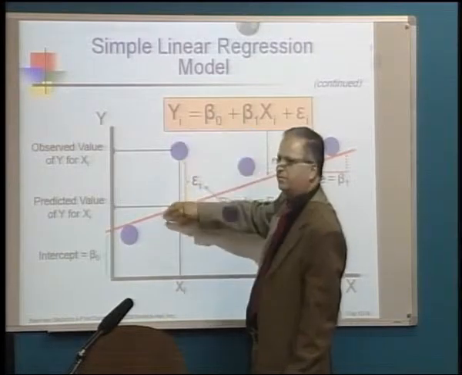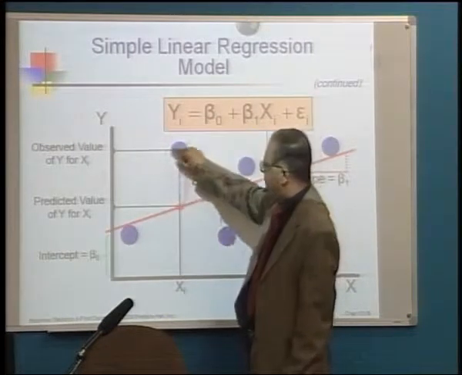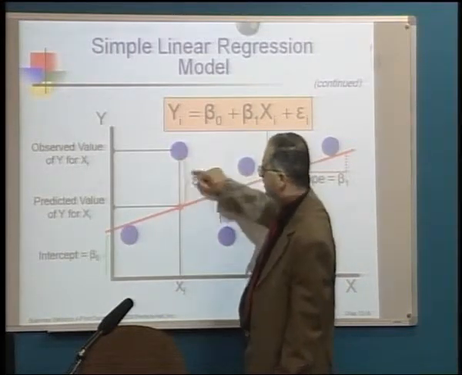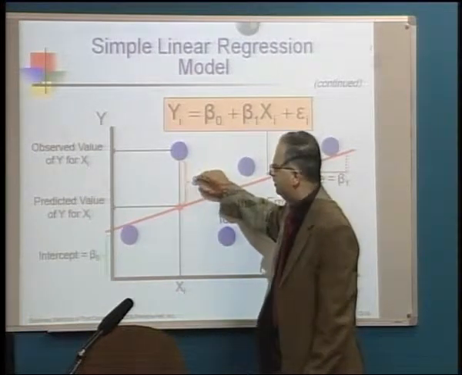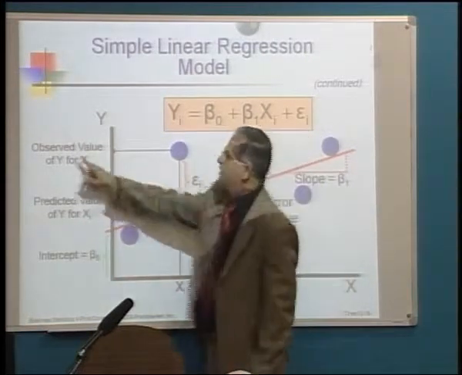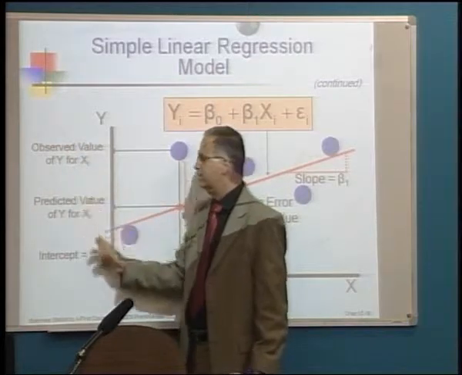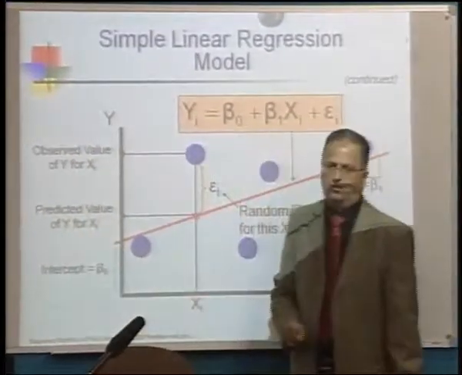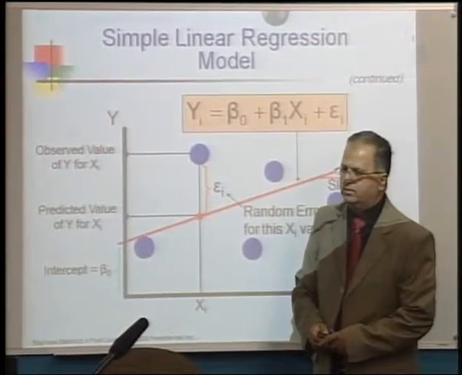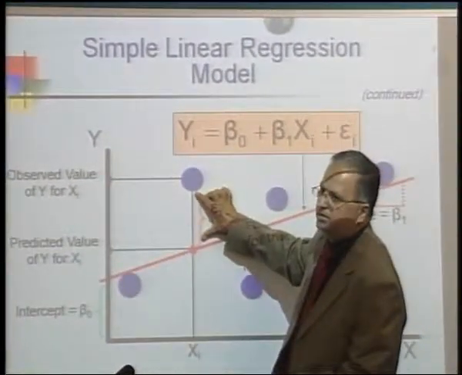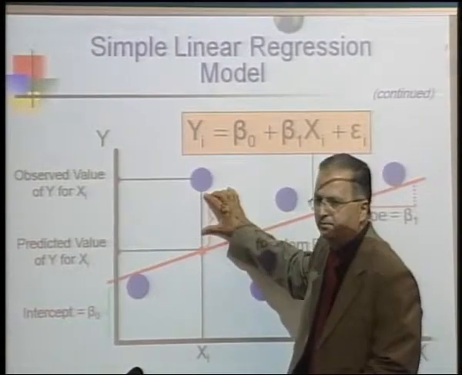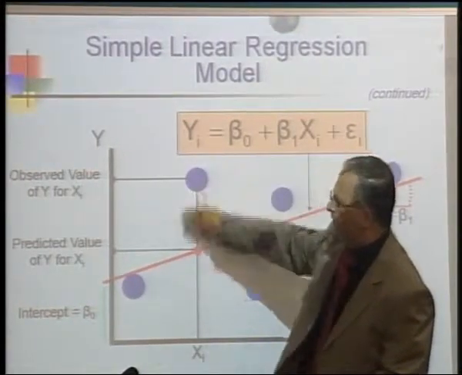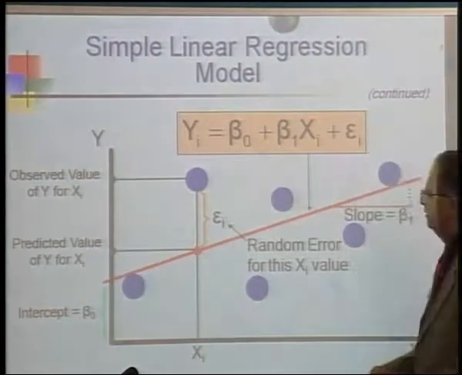So actual minus predicted, the difference between these two values, is called the epsilon. So epsilon i is the difference between the observed value of y for xi minus the predicted or estimated value of y for xi. So this difference is called the error term. So the error is just observed minus predicted.